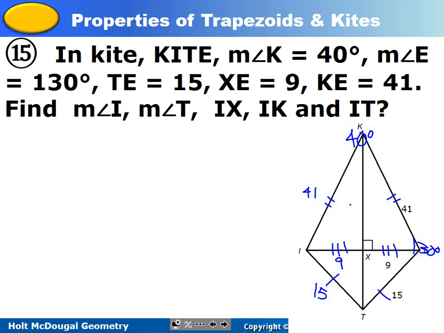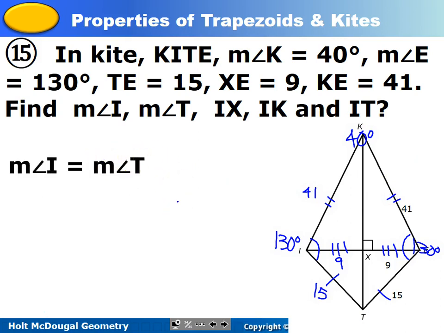Also, we know that opposite angles are congruent here. So if E is 130, then that means I is 130. And we should be able to find T by subtracting the other three angles from 360. So let's work through the math here.